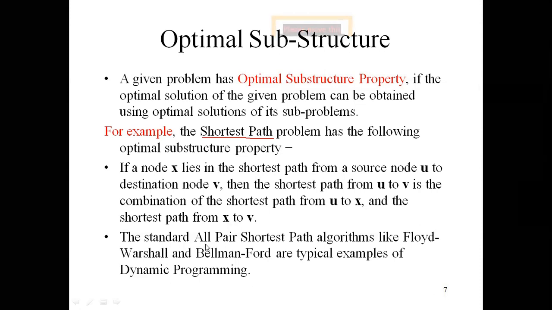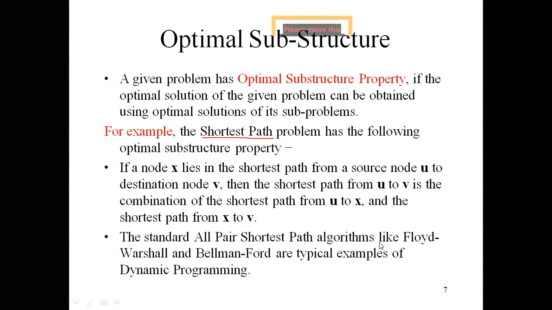So the standard all pair shortest path algorithms like Floyd-Warshall and Bellman-Ford are typical examples of dynamic programming. What is the all pair shortest path algorithm? Already I explained the single source shortest path problem. In the single source shortest path problem, we start from the source vertex and find the shortest path.